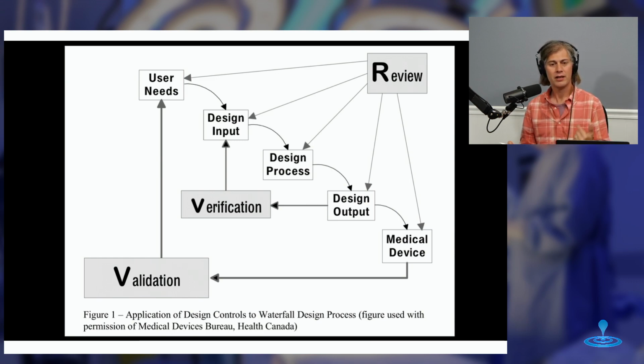This waterfall and the 2 loop backs that occur in it, verification and validation, as well as the design reviews that are scattered throughout the process, are intended to remove loose ends. This is just as true about hardware as it is about software.